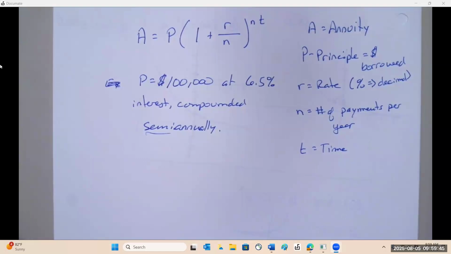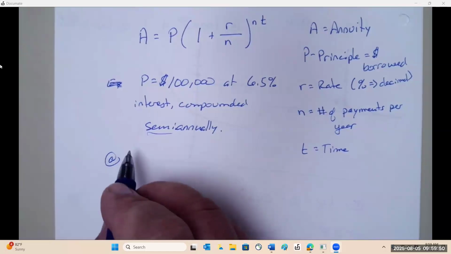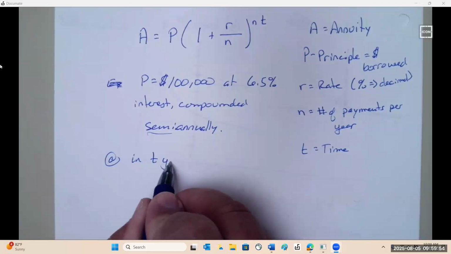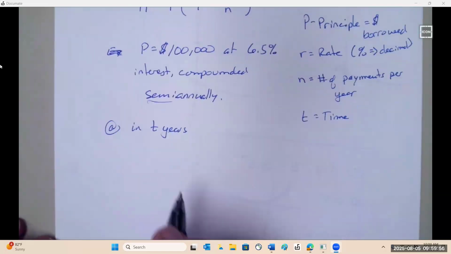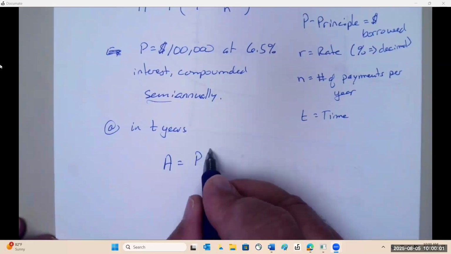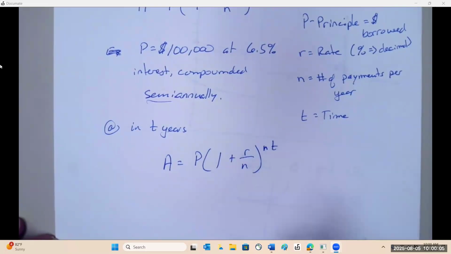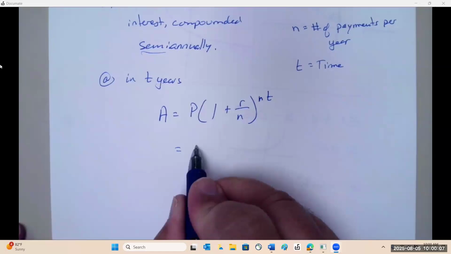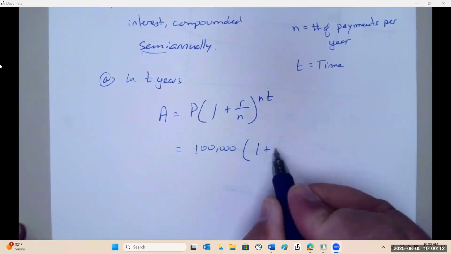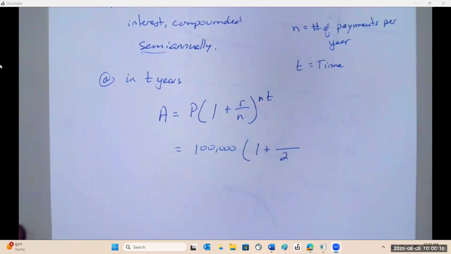Let's see what it says. So A, give me a function of T years. So how much will you owe in T years? We have $100,000. 1 plus, N is 2 because you're doing it semi-annually.